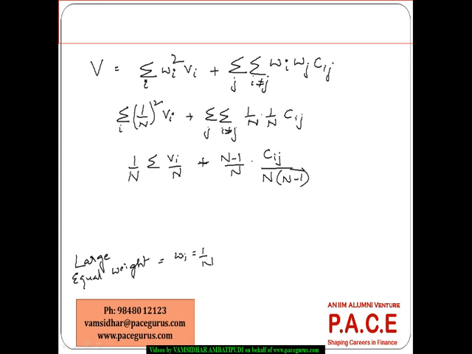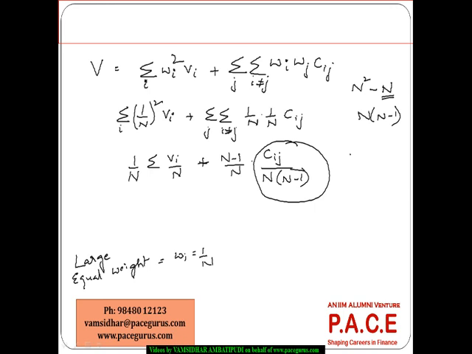Now you see here, this is the average covariance, because how many covariances are we going to get? If this entire n by n matrix has n of them which are variances, it is n into n minus 1 covariances, considering both the pairs.